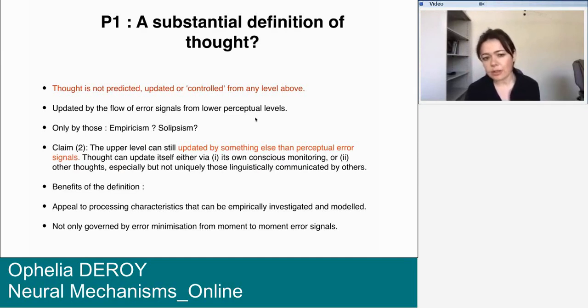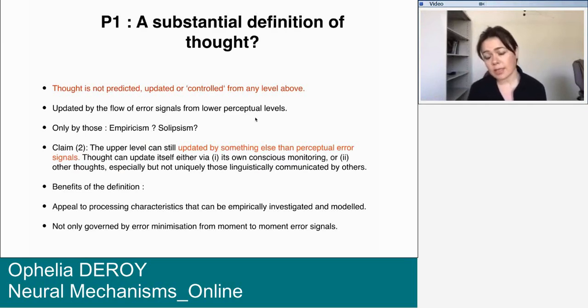The two other ways of updating, that is the reflective aspect and the linguistic communication, are not just driven by error minimization in the sense of providing more accuracy for the next iteration of predicting the next signals.